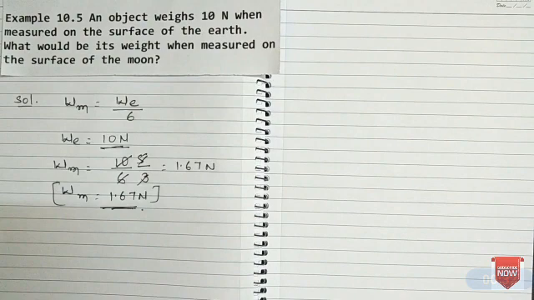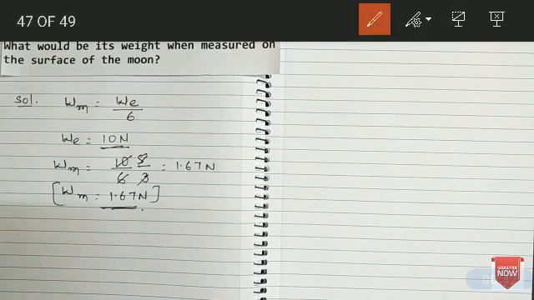Question number 5. An object weighs 10 newton when measured on the surface of the earth. What would be its weight when measured on the surface of the moon? As we know, due to the difference in gravitational pull of earth and moon, the weight on moon in comparison to the weight on earth is 1 by 6.